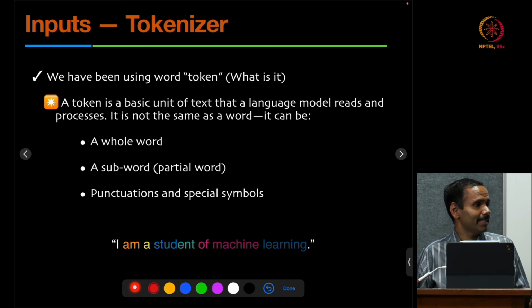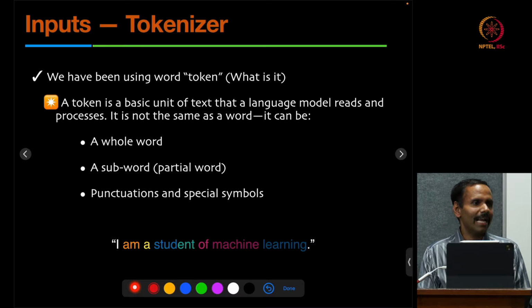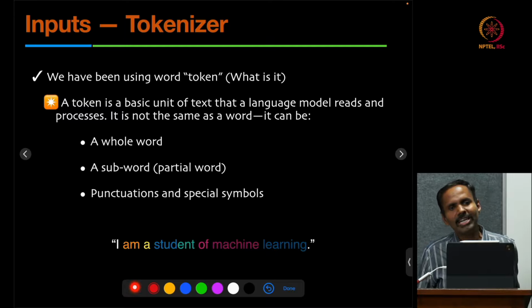A tokenizer is something that converts things into tokens, and now we are starting to talk about what a token is. A token, particularly when you talk about text or natural language processing, is the basic unit. This is the smallest unit that you are going to represent as a single vector. You are going to consider any piece of text, like this sentence here, as a sequence of vectors, and each vector represents a token.